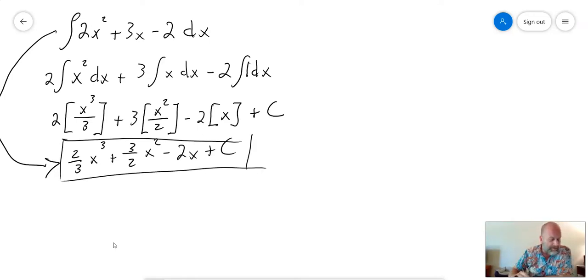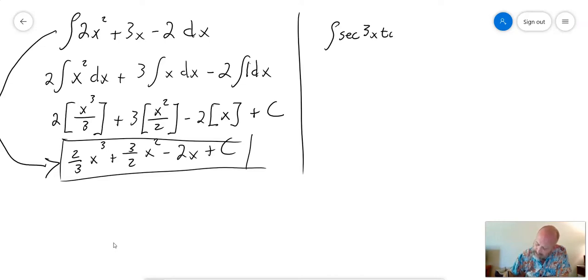Now, let's go ahead and take a look at another one here. Let's say I wanted to take the integral of secant 3x tangent 3x dx.